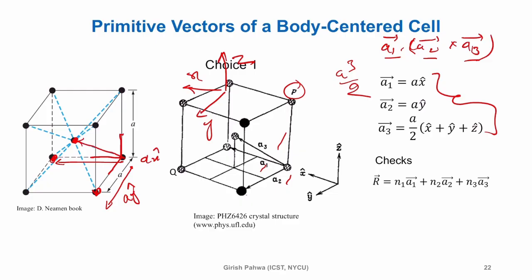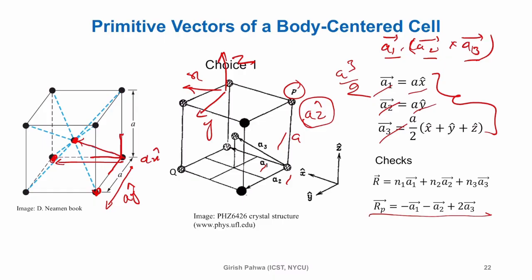So what is the position vector of the P in terms of, say, Z? So this is a, so this is a z cap. Can I write a z cap in terms of A1, A2 and A3? Yes, I can. If I multiply 2A3 and then subtract A1 and A2, this term and this term will get cancelled, right? What I will get is simply a z cap.